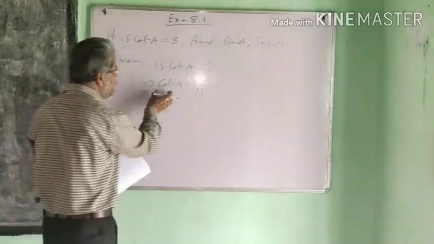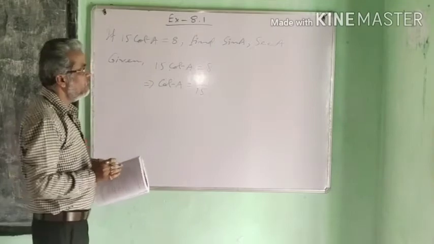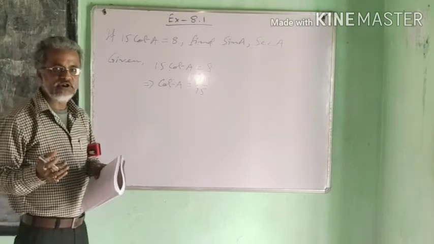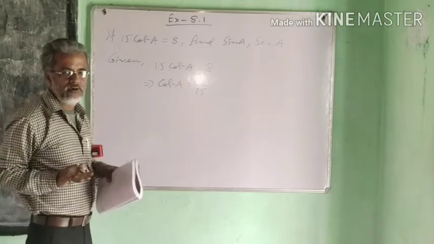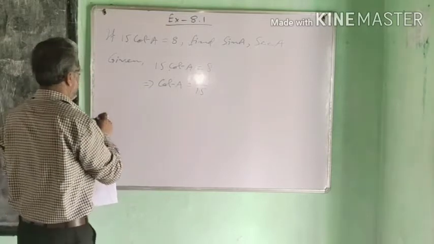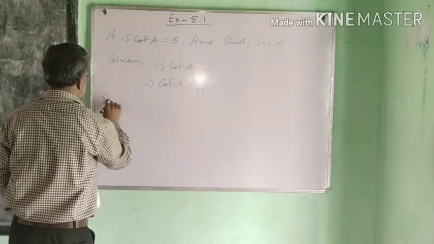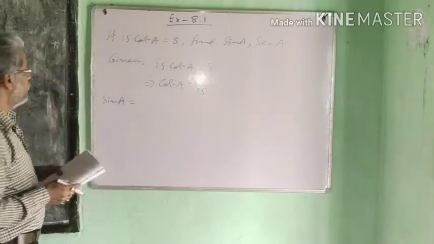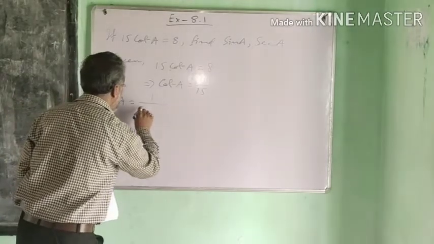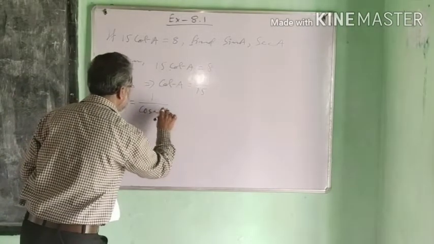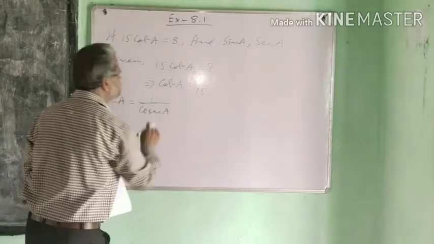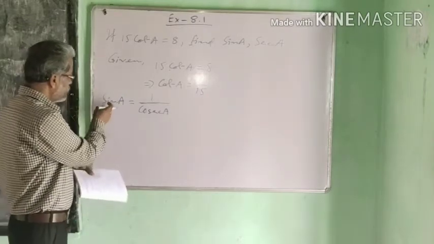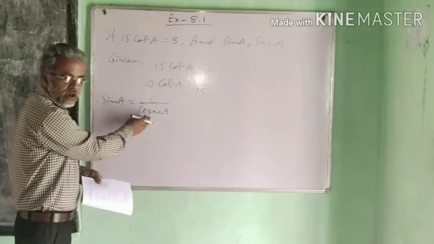Now from this cot A, you are to find sin A. It means you are to express sin in the form of cot. How will you express? Sin A is equal to 1 by cosec A. Since we get a direct relation between cosec and cot, I have expressed sin in the form of cosec.